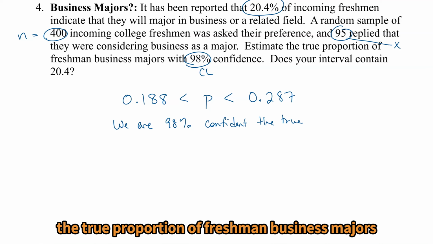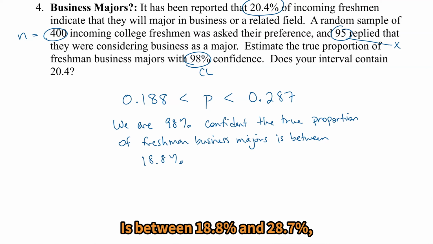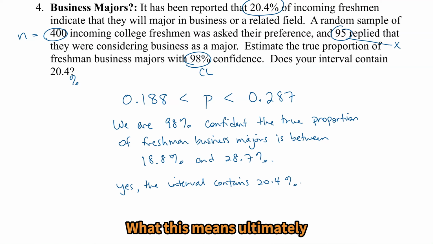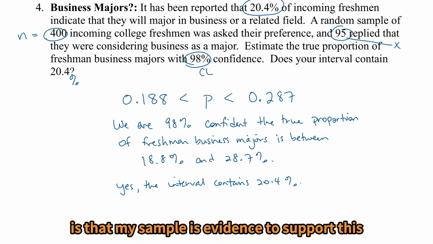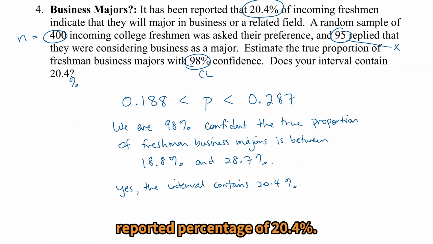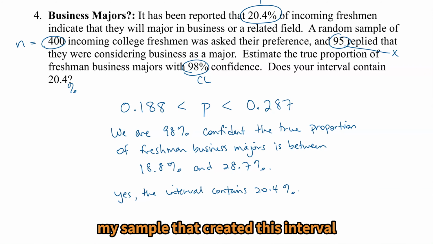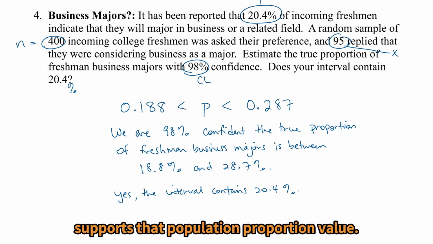The true proportion of freshman business majors is between 18.8% and 28.7%, and our interval does contain 20.4%. What this means ultimately is that my sample is evidence to support this reported percentage of 20.4%. Since 20.4% is inside this interval, my sample that created this interval supports that population proportion value.